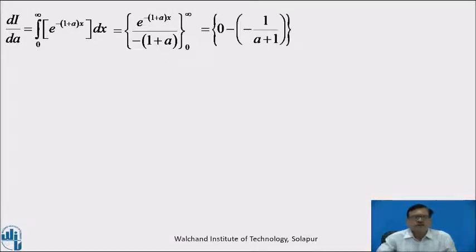Now putting the upper and lower limits, as x tends to infinity, e raised to minus ax tends to 0, therefore for the upper limit you get 0, minus the lower limit: putting x equal to 0 we get minus 1 upon a plus 1. Therefore the value of dI by da is equal to 1 upon a plus 1.